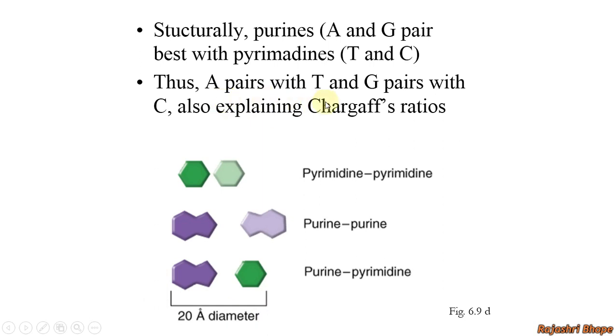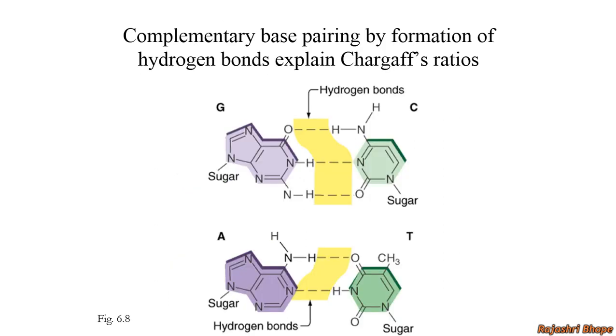Always adenine pairs with thymine and guanine pairs with cytosine. So this explains Chargaff's rule, why A is equal to T and G is equal to C in the DNA molecule. A and T, or G and C, pair with one another through hydrogen bonds.